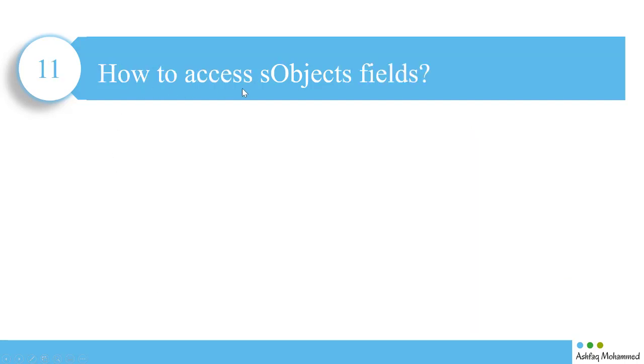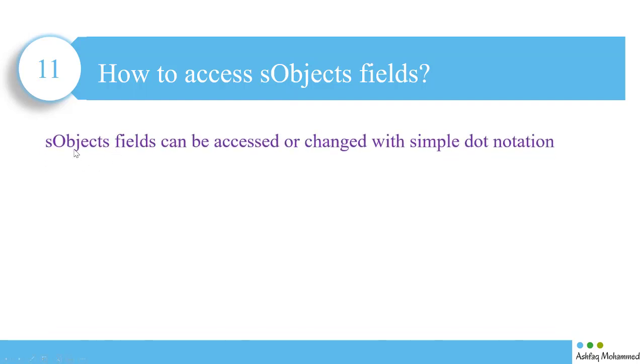Question number 11: how to access sObject fields? Now we have seen how we can declare sObjects. Let's see how to access the fields of each sObject. As I said, an sObject is a table, and a table will have fields. So in Apex code, how do we access those sObject fields? sObject fields can be accessed or changed with a simple dot notation.